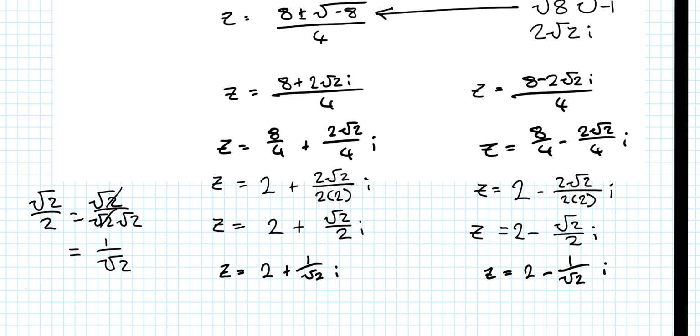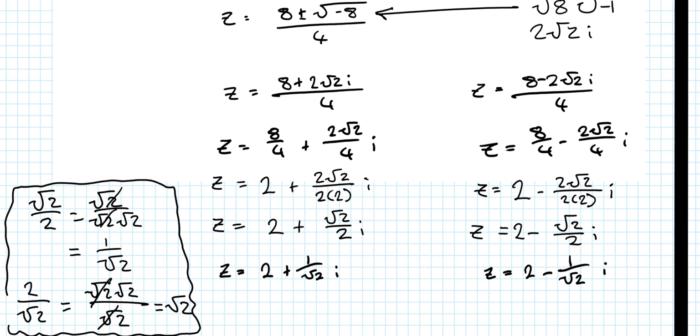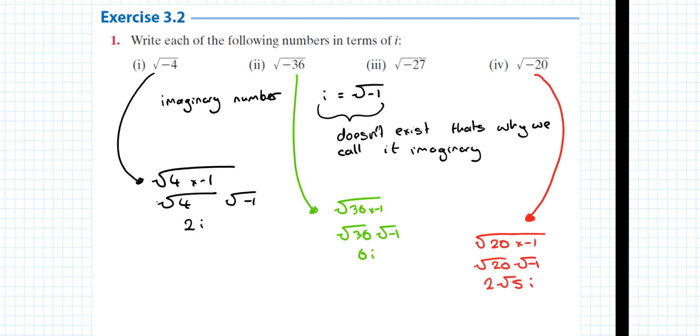Very similar again, you might get 2 over root 2 in a question, and you should be capable of rewriting that as simply root 2. You should be aware that 2 over root 2 is root 2. It's something to, I would say, learn off by heart, but I think it's more important that you just recognize it, recognize that you'd go down that road.